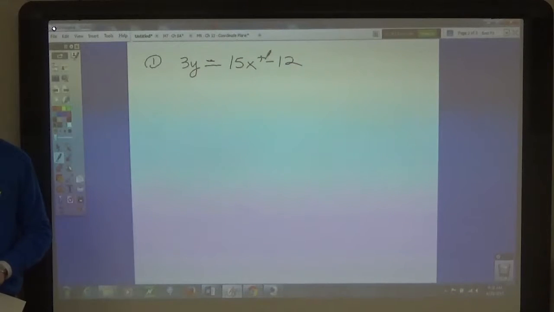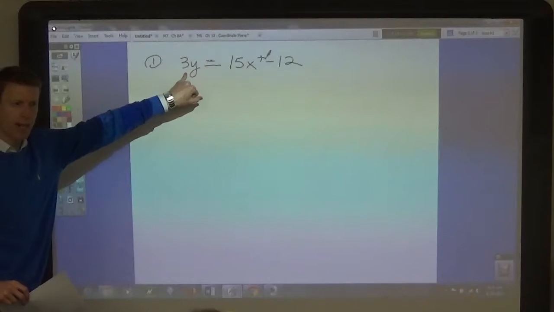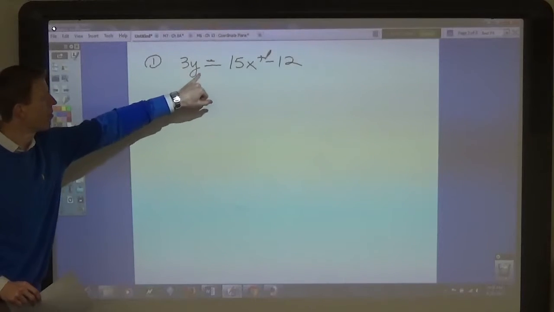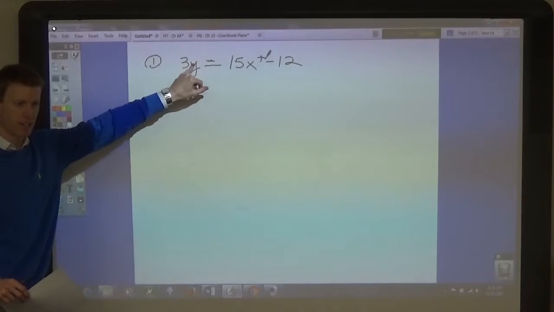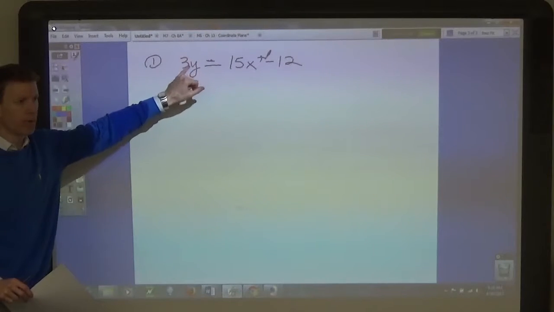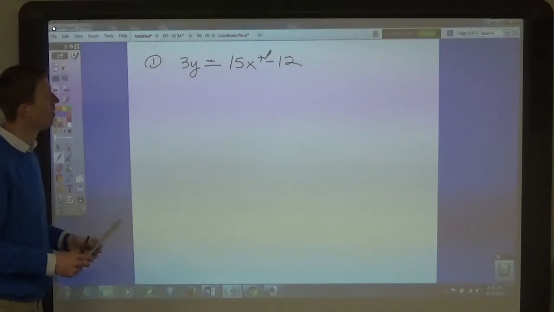Then, we don't have just one y by itself, so we have to get rid of the 3 in this case. So what would we do to get rid of the 3 but leave the y? Tyler? Negative 3 to both sides.